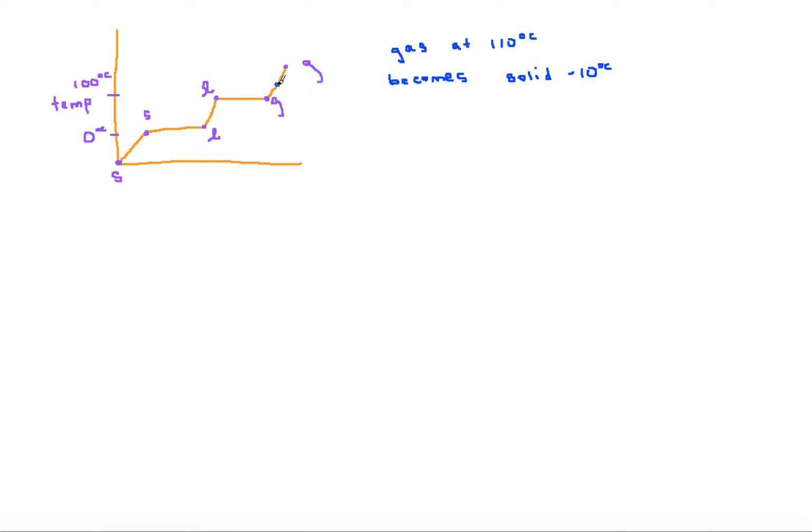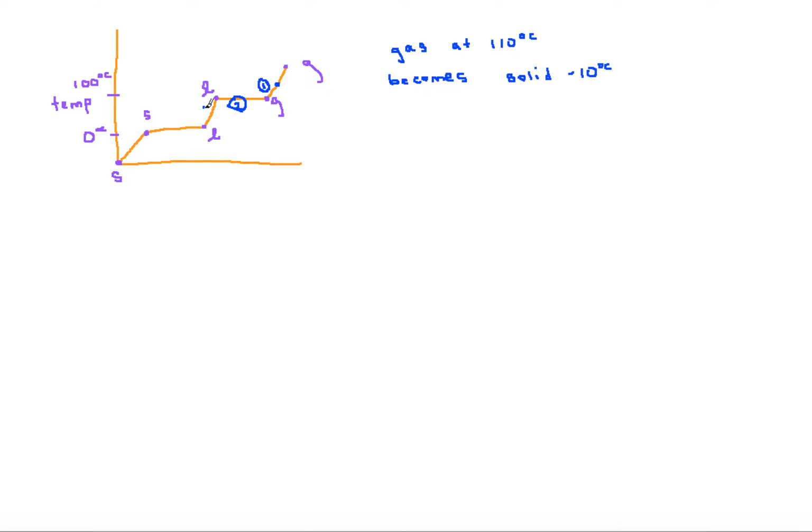So my first step is to go from a gas at 110 to a gas at 100 degrees Celsius. So I'm going to put this as step number 1. If you want to write gas at 110 to gas at 100, that's perfectly fine. Your next step is to go from a gas at 100 to a liquid at 100. So this is your step number 2. Then your next step is to go from a liquid at 100 degrees to a liquid at 0 degrees.